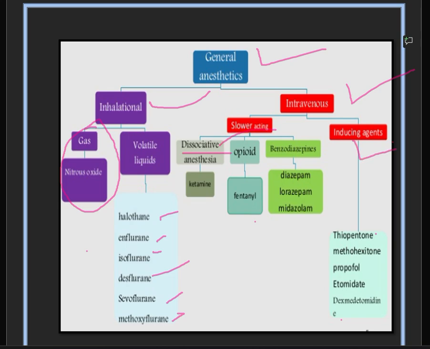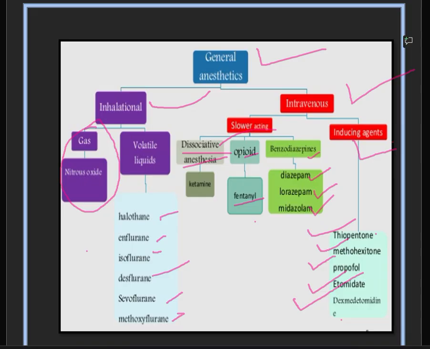Slower acting are dissociative anesthesia, that is ketamine, an important drug; then opioid, fentanyl; and benzodiazepines, a slower acting compound, that is diazepam, lorazepam and midazolam. Then the inducing agents are thiopentone, methohexitone, propofol, etomidate and dexmedetomidine.